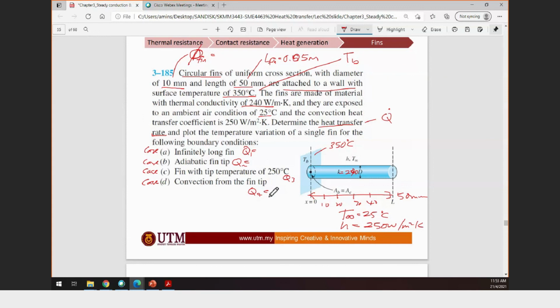So you need to read the problems carefully, or you need to assume. That's why in the analysis you need to specify your assumption before you proceed with the analysis. I will try to find some assignment or problem that uses this kind of equation so that you can understand how to use the equation.